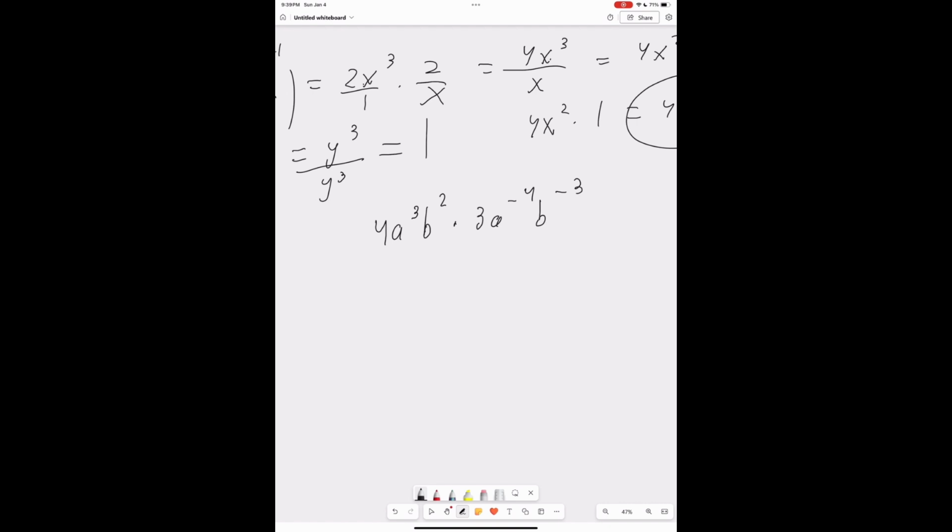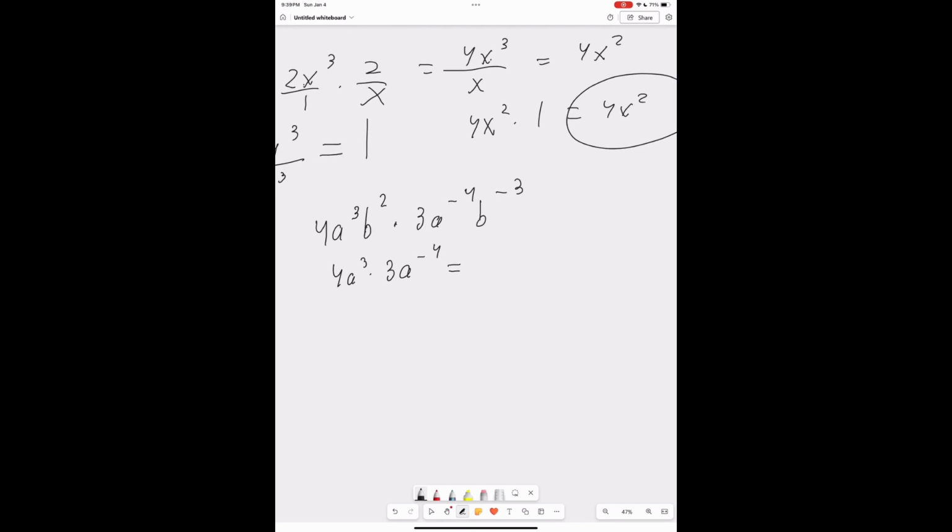Let's go ahead and do the same thing as before. So do the a's and then do the b's. So it's going to be 4a cubed times 3a to the negative 4, which we can rewrite as 4a cubed times 3 factored out, a to the 4.